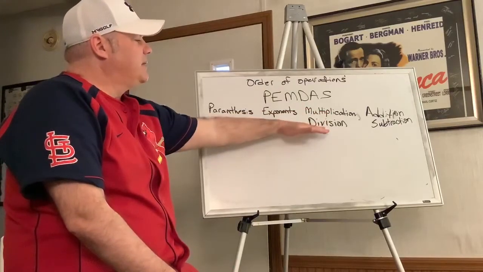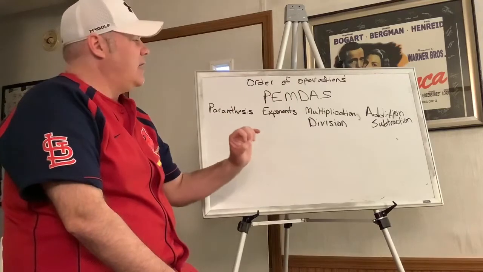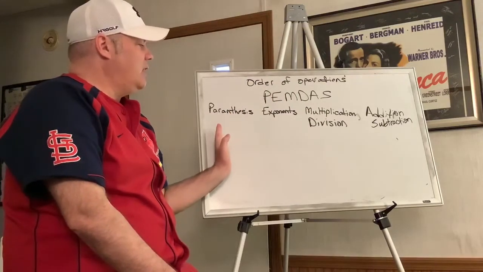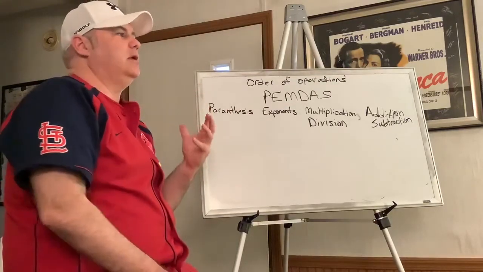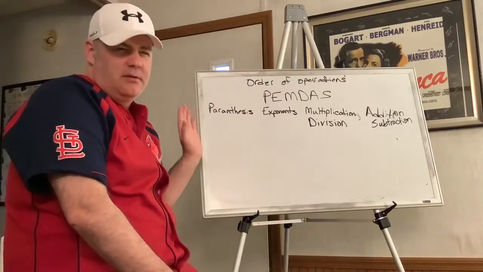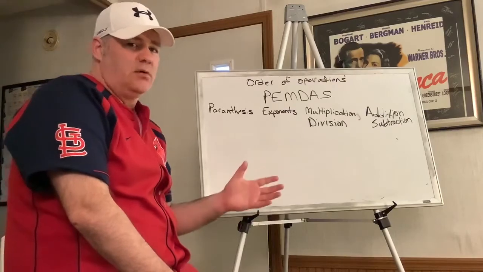The thing about multiplication and division is it's actually a tie. Okay, and that's very, very important, because when you're going left to right, which is what we read in English culture, we think we do our problems left to right, but that's not always the case in math. Math is its own language.